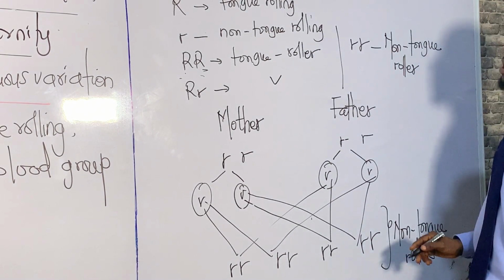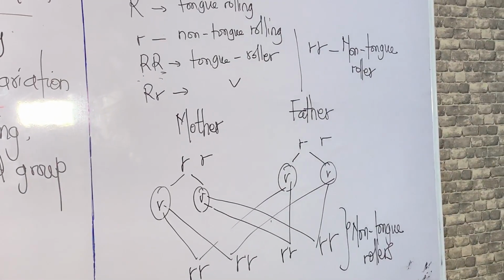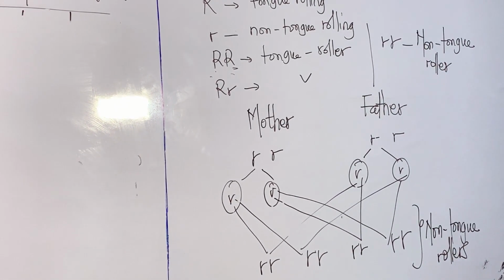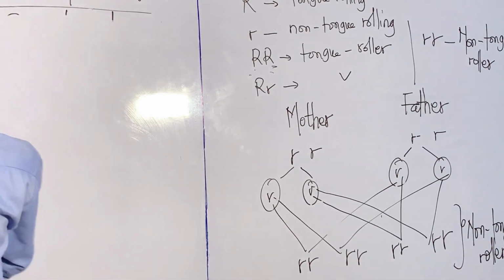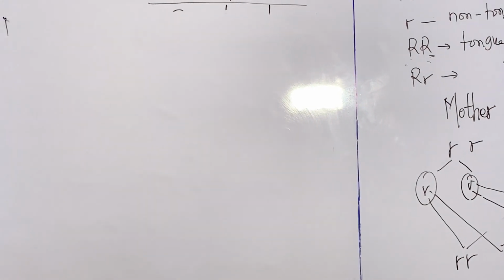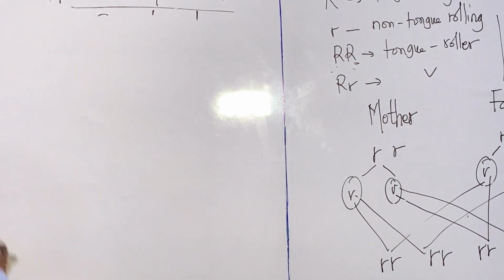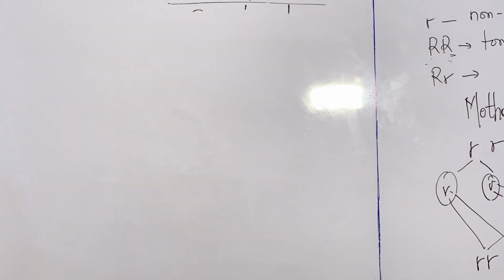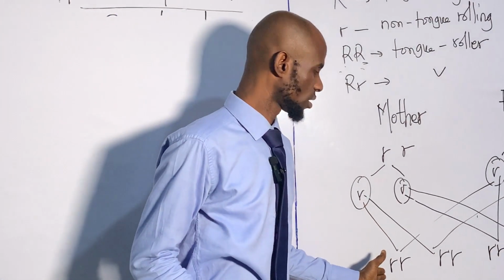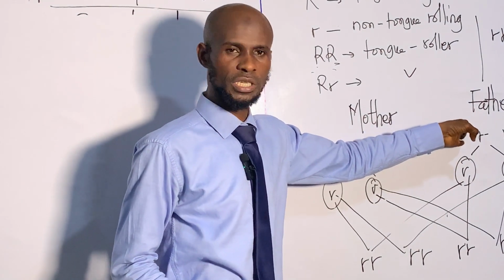Okay, now let's look at the application of what we have just learned to determine who is the father of the child. Let's look at the mother first. The mother is non-tongue roller, and the child is non-tongue roller. Can the father be?